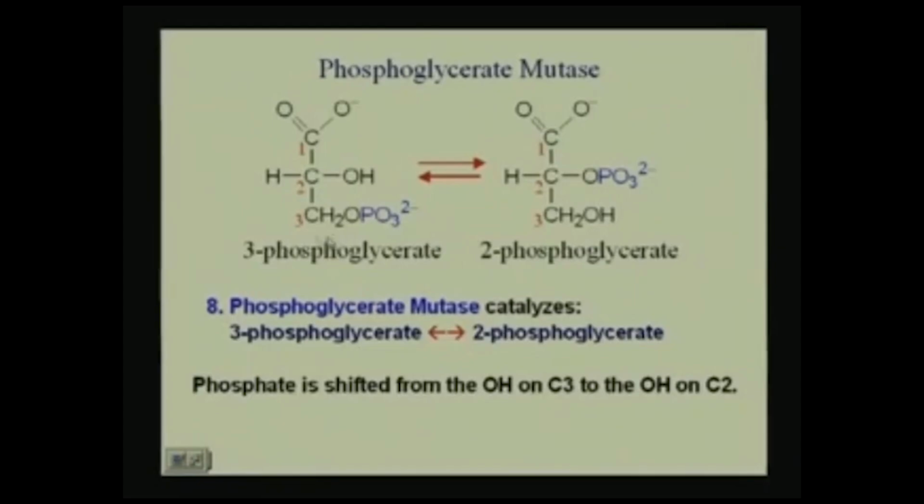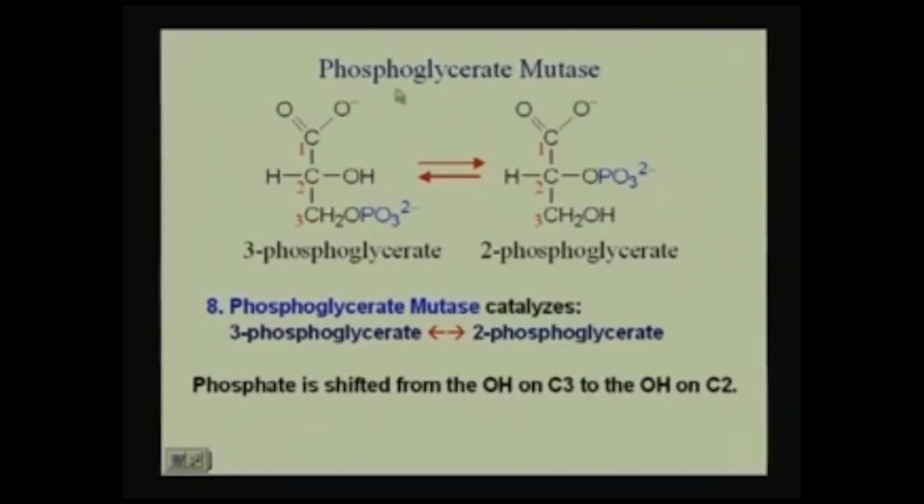The next step is a mutase. If you remember, we considered in our last class all the enzymes that take part in the glycolysis steps. The mutase shifts the phosphate from one position to the other. So the mutase enzyme shifts a moiety from one carbon atom to another. In this case, the 3-phospho is shifted to the second carbon, so the product is 2-phosphoglycerate.